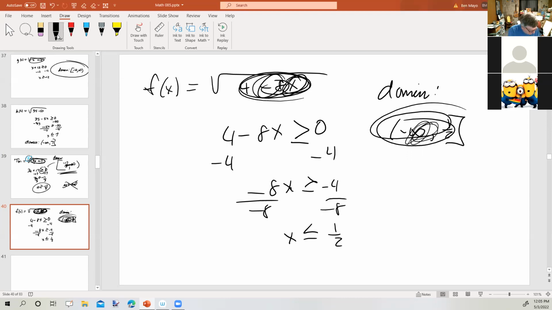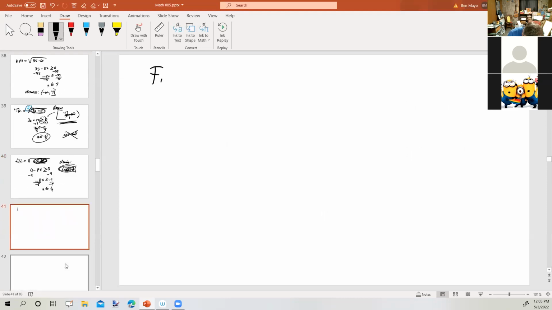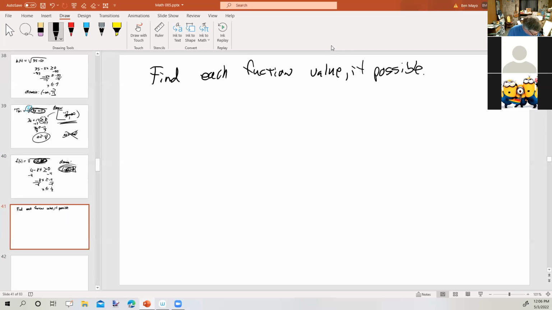All right, now, let's see here. This says find each function value if possible. It says do not use a calculator. All right, so f of x equals the square root of 3x plus 1.